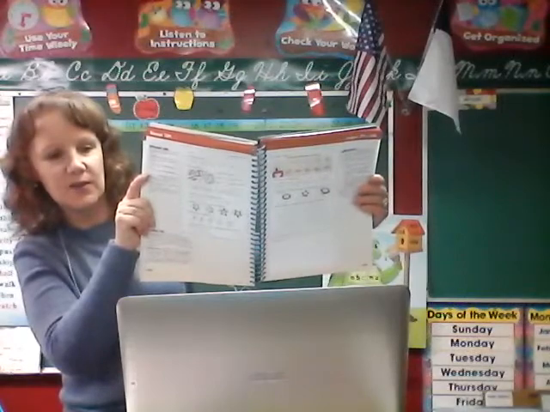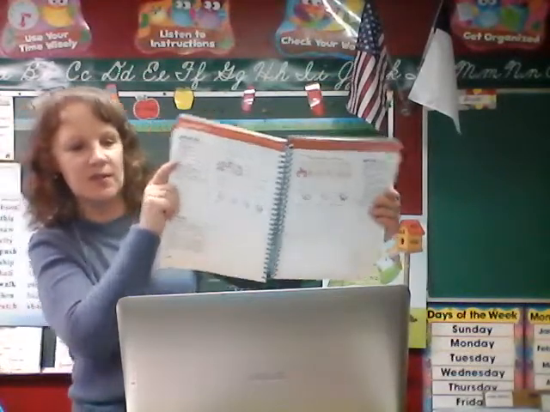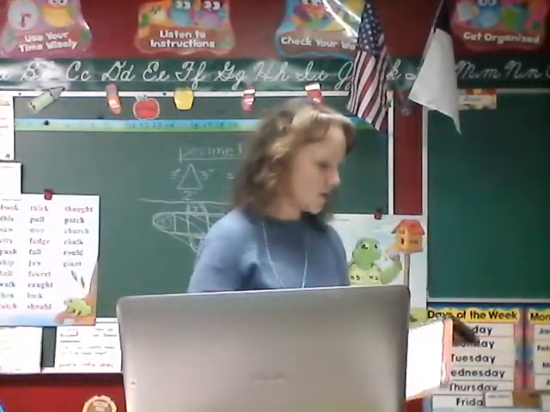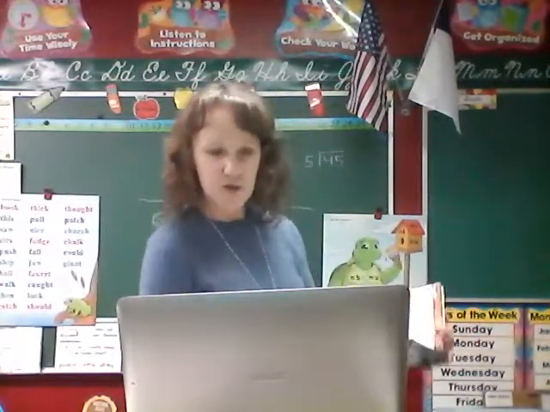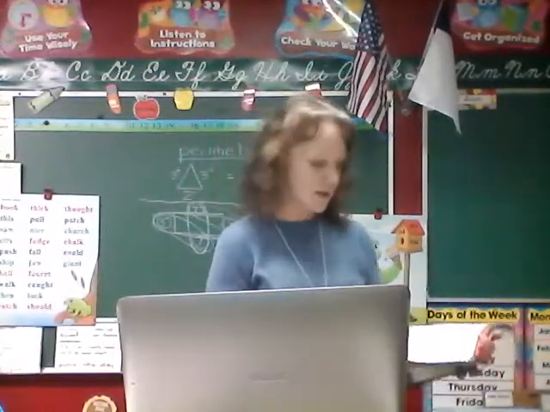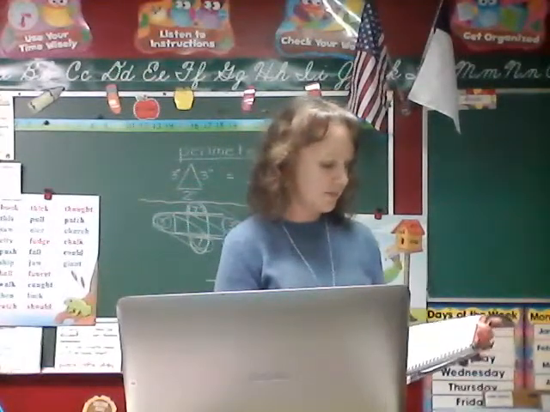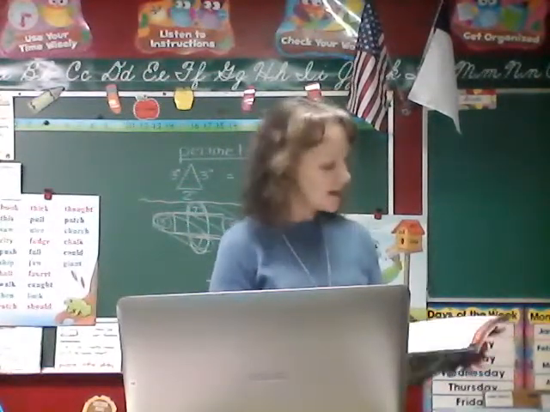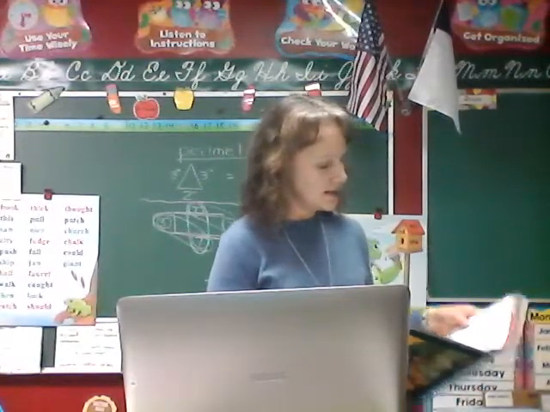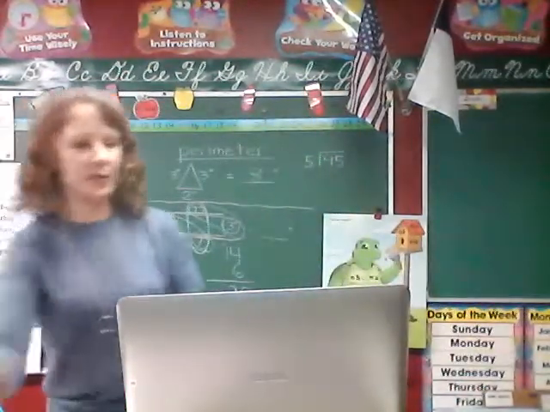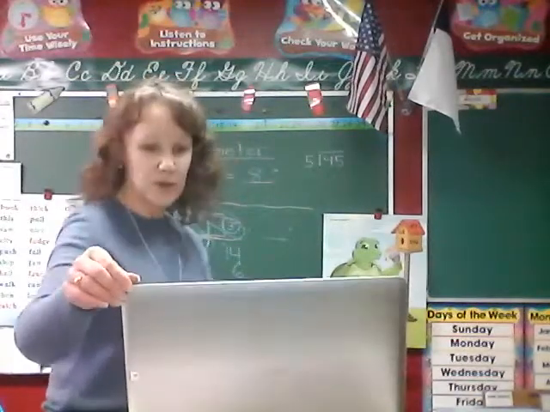Perimeter. You're going to be finding some perimeters of shapes. You're also going to be writing products. That means you are what? Multiplying. Just like we were practicing with. You'll also be dividing. So let's go back to the chalkboard real quick.